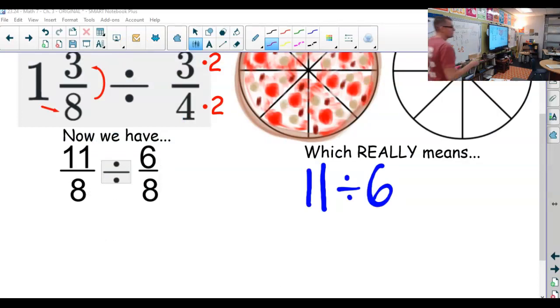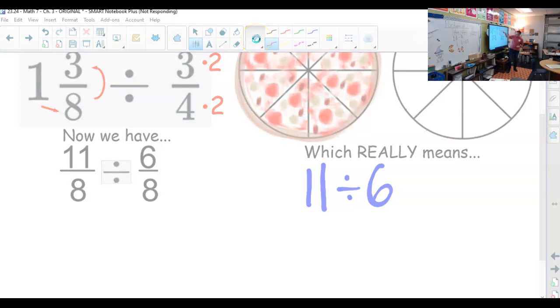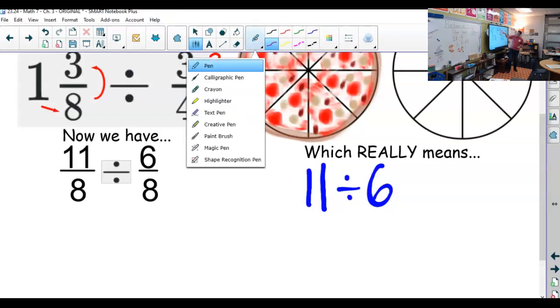So check it. Here's where keep, change, flip with common denominators is like a magic bullet. Why do we keep, change, flip? It's to turn division into multiplication, because we said they're essentially the same operation.